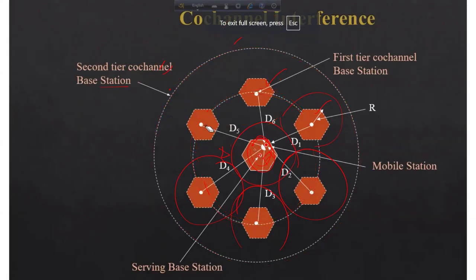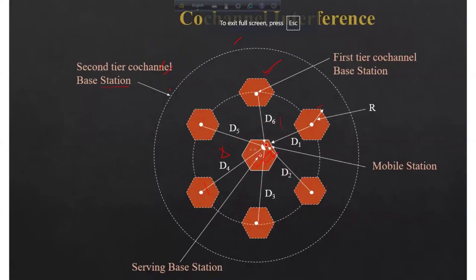So in my first tier, I have these cells, so I have to consider the interference occurring from these cells for this serving station. Say for example, this is my serving base station. For this serving base station, these cells are creating interference, so I have to calculate the interference I'm getting from these cells.